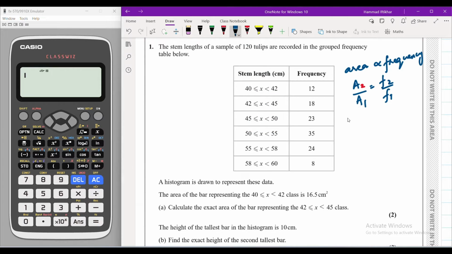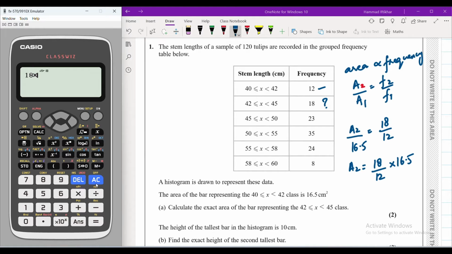We are looking for area 2. Area 2 is unknown, area 1 is 16.5, and frequency 2 is 18 and frequency 1 is 12. So area 2 would simply be 18 over 12 times 16.5.